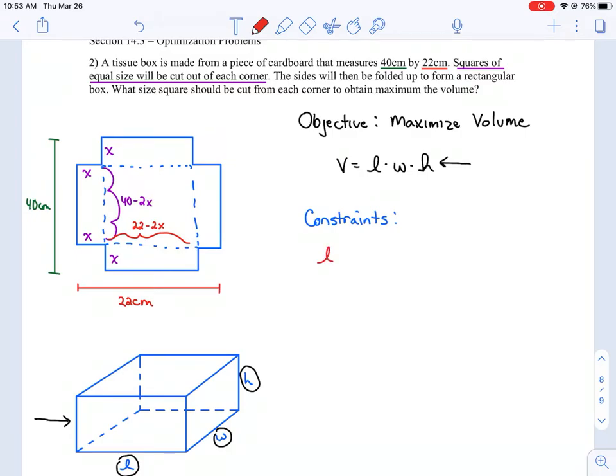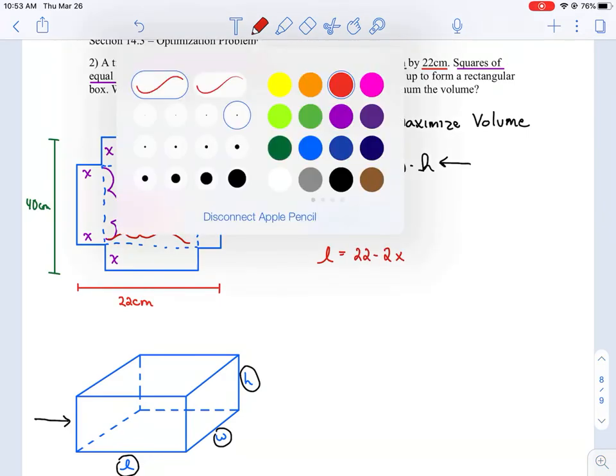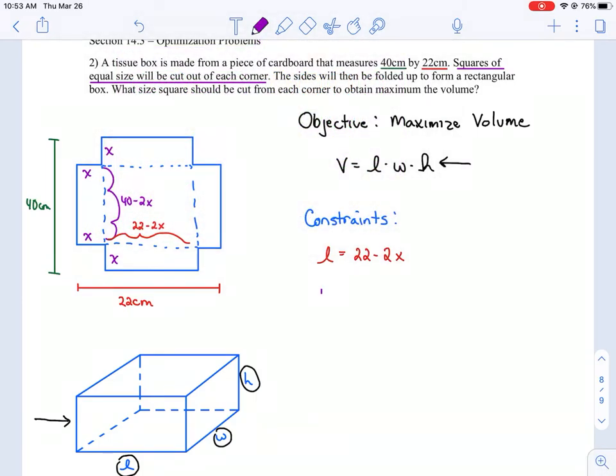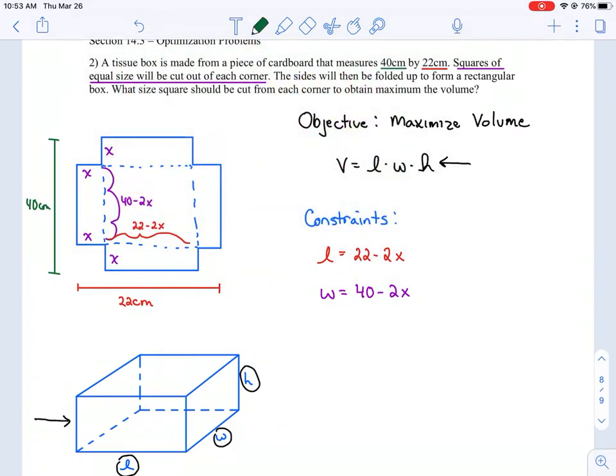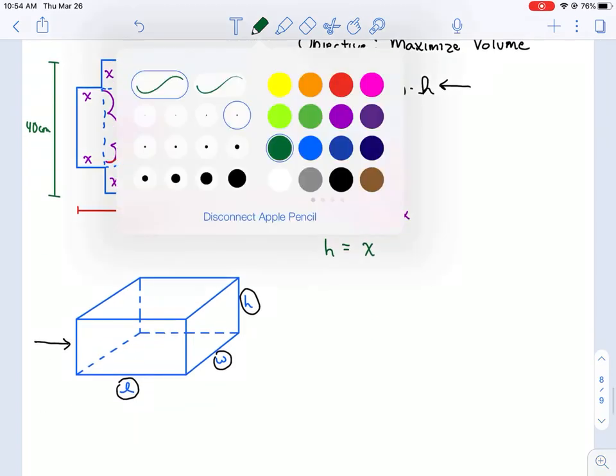So the constraints, we'll do the first one, the length, that will be 22 minus 2x. The width will be 40 minus 2x. And the height of the box will be x.